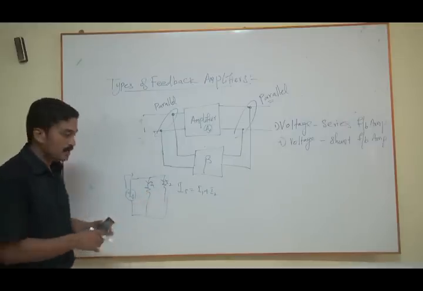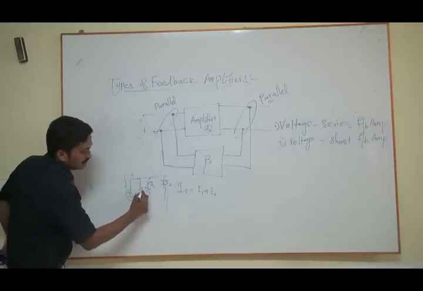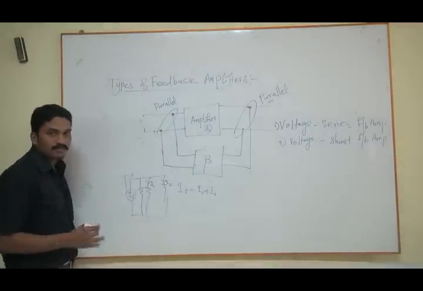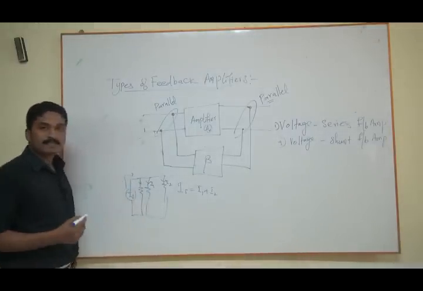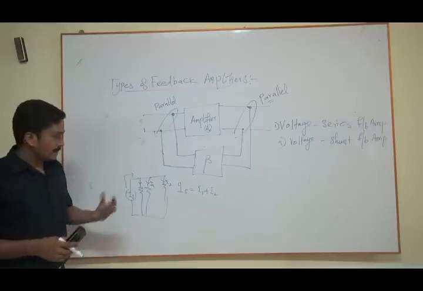If I include another resistance parallel to this network, again your current is dividing, right?